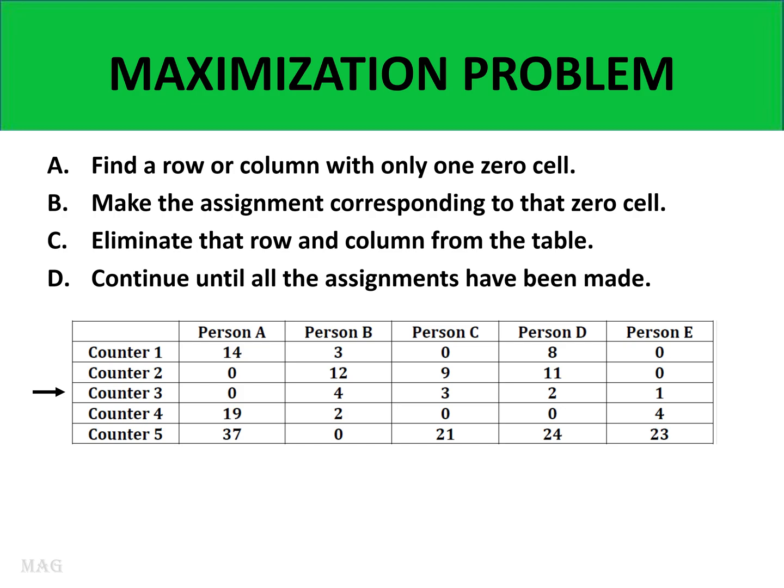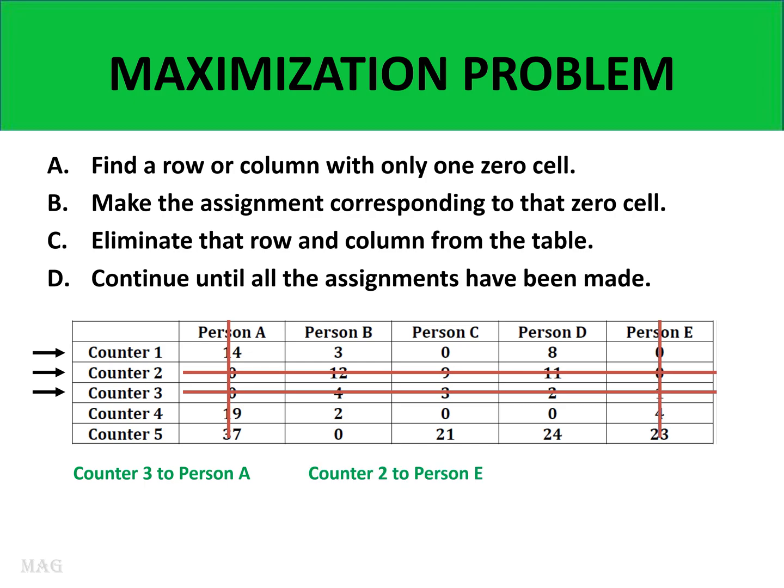In this case, counter 3 has one 0 and corresponds to person A. So which means counter 3 is assigned to person A. Now in the remaining entries, counter 2 now has one 0 and counter 2 will be assigned to person E. And then from the remaining entries, counter 1 now has one 0 and counter 1 will be assigned to person C. And then from the remaining entries, counter 4 now has one 0 and counter 4 will be assigned to person D. And then lastly, of course, counter 5 will now be assigned to person B.